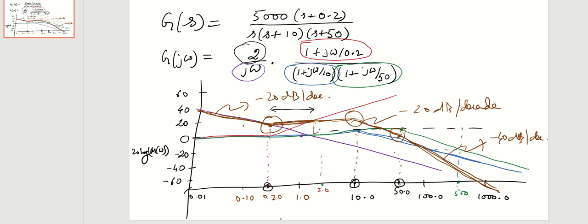So 0 minus 20 dB per decade. That's the slope that you hold on to till this point. Again, at this point, there is another pole which adds its effect of minus 20 dB per decade. Therefore, it becomes minus 40 dB per decade.